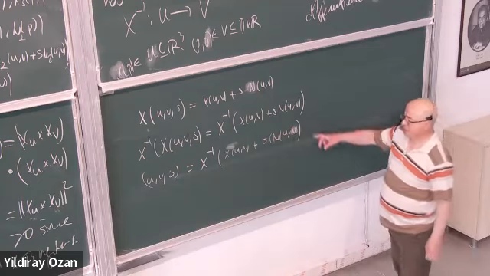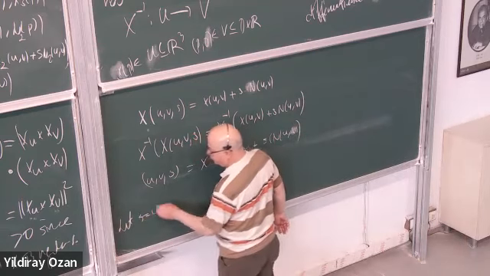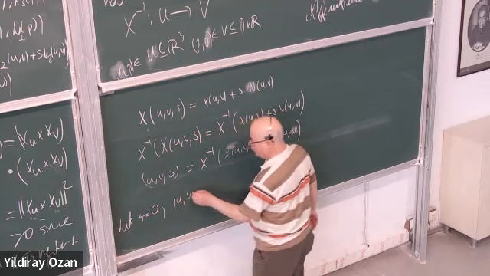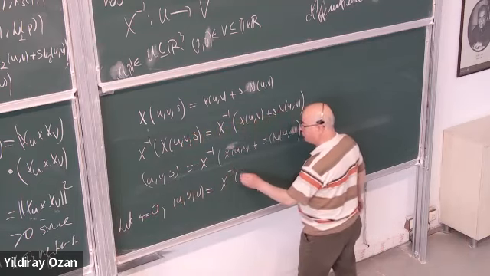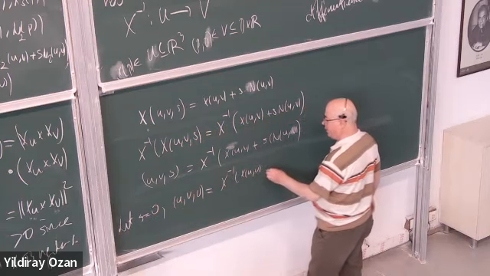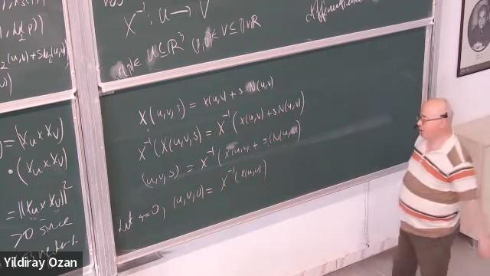And if you let s equal 0, I get (u, v, 0), which is just X inverse of x of (u, v) plus 0. So I get this.